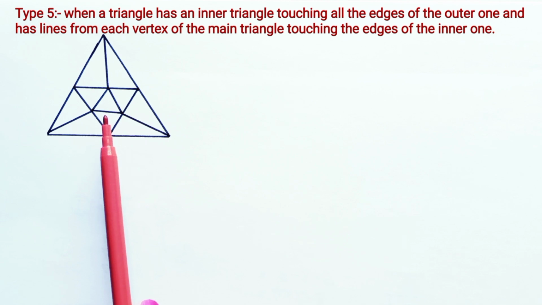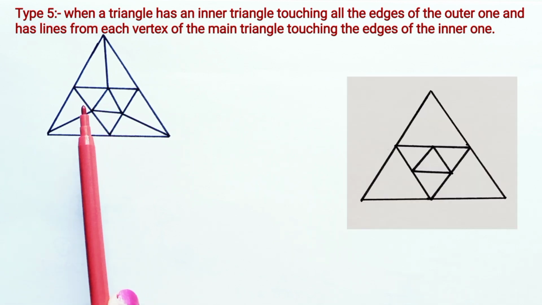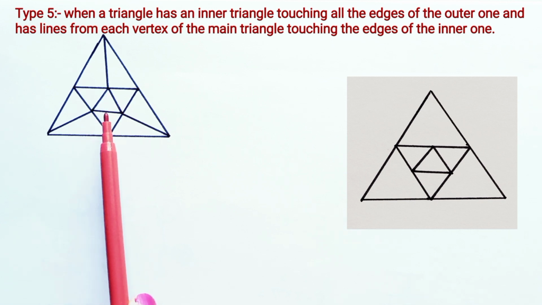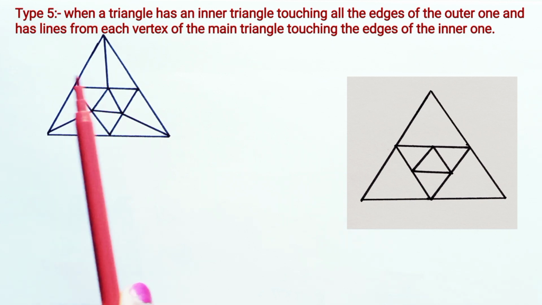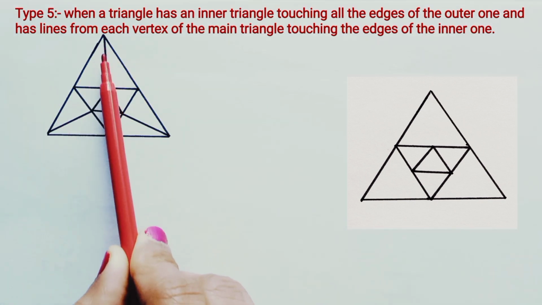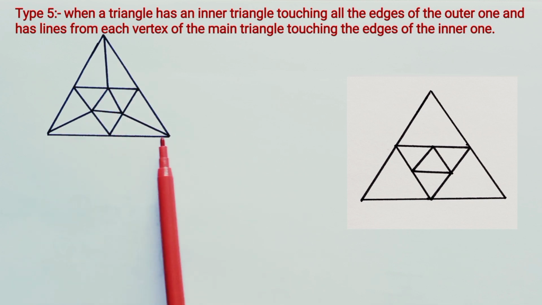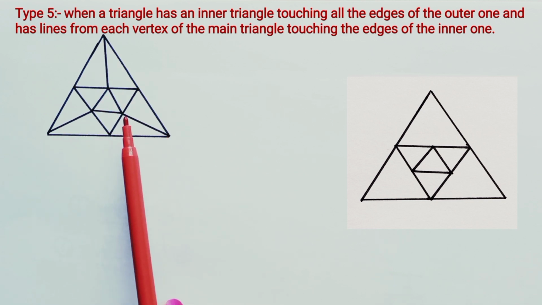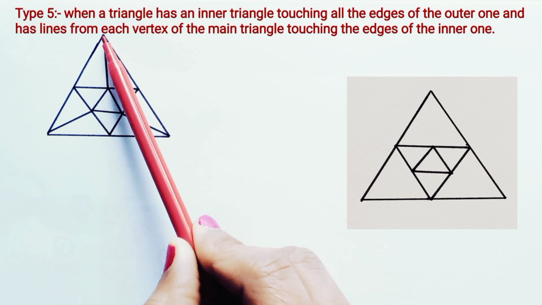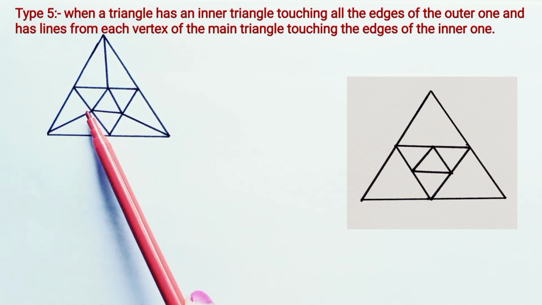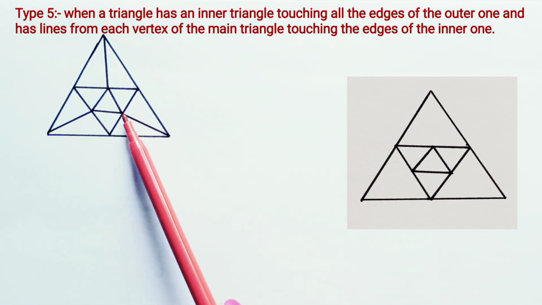Actually, this type of question is the extension part of the previous question. So what is the difference between this question and the previous question? In the previous question, we don't see any vertical lines coming from the vertices of the outer triangle. We can also see here lines are coming from each vertex of the outer triangle.